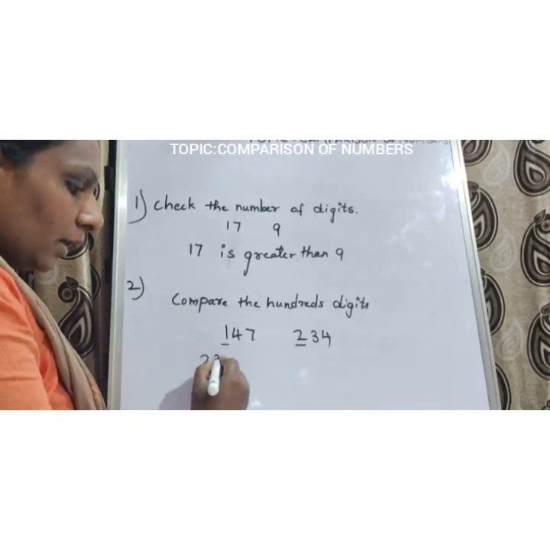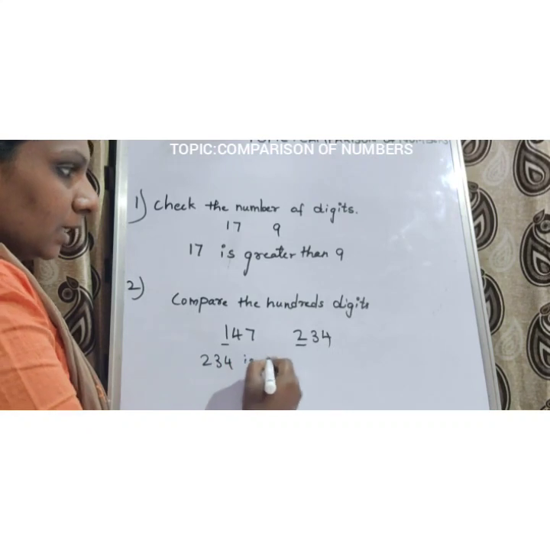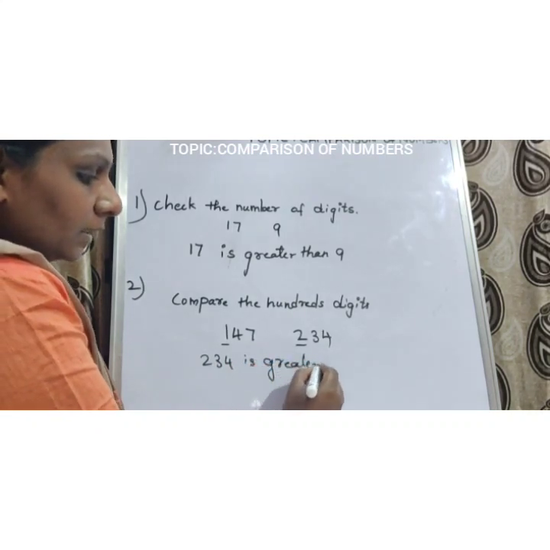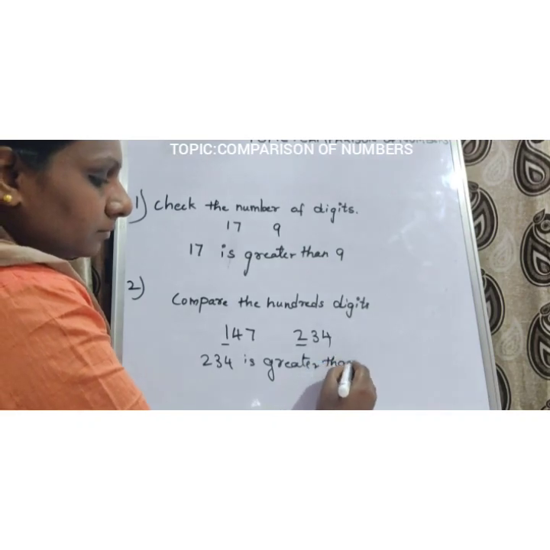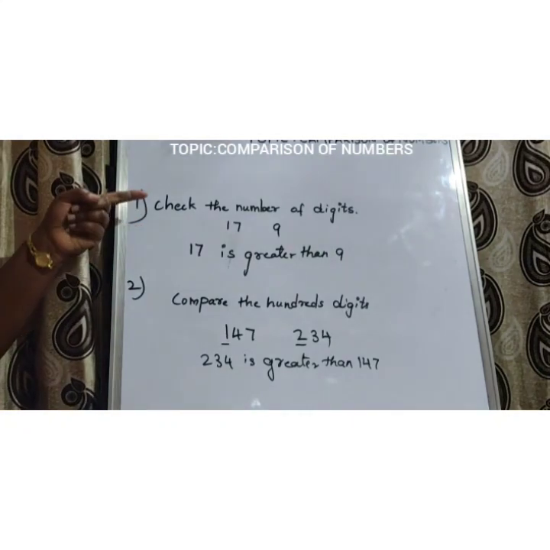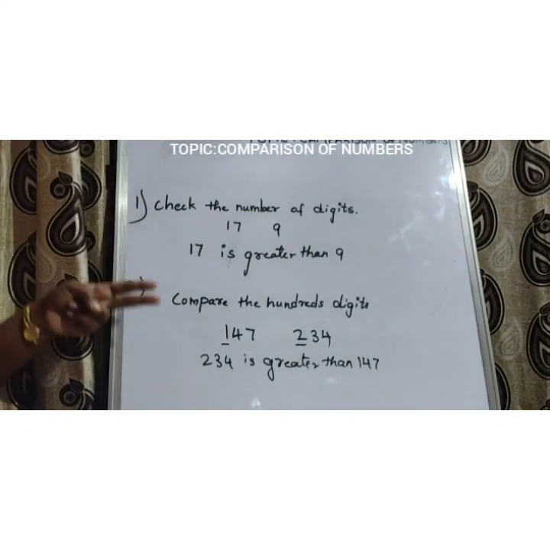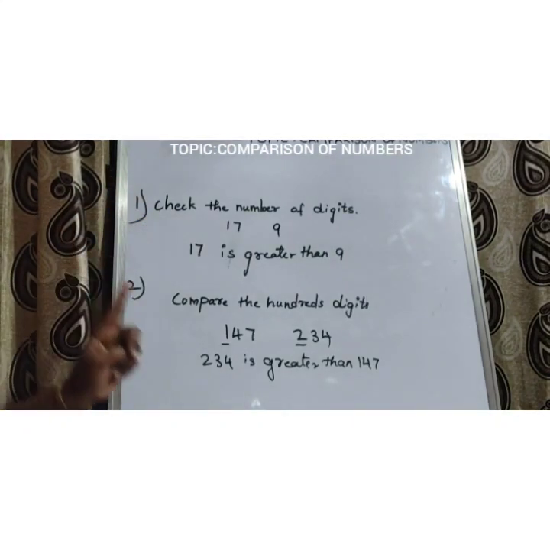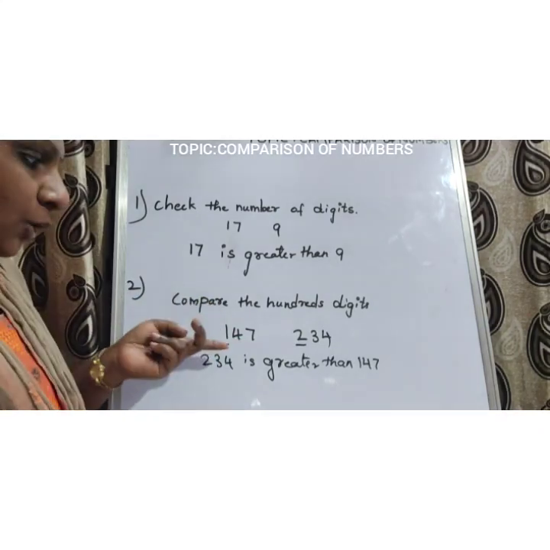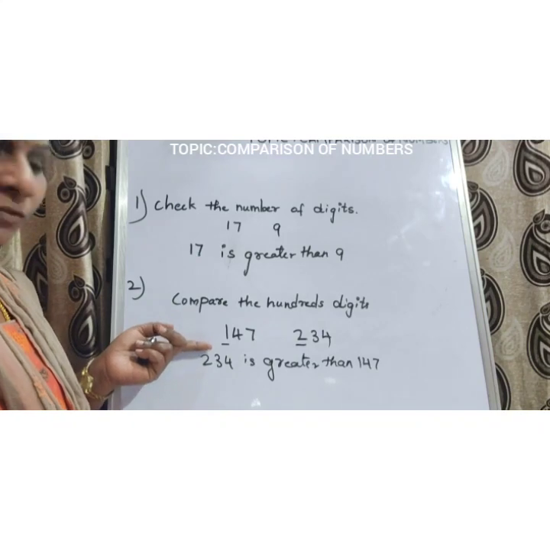So 234 is greater than 147. So the first step is to compare the number of digits. The second step is to compare the first digit of the given numbers.